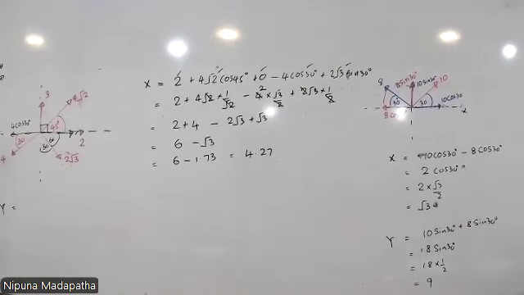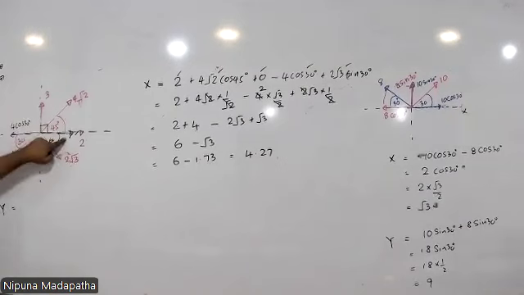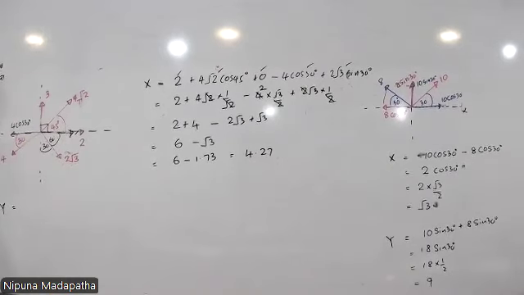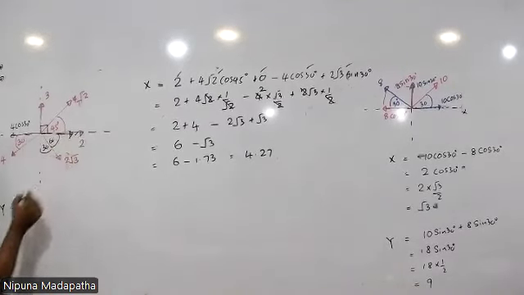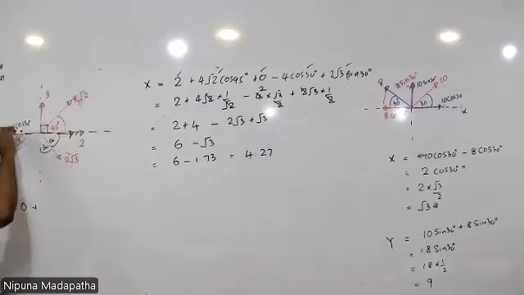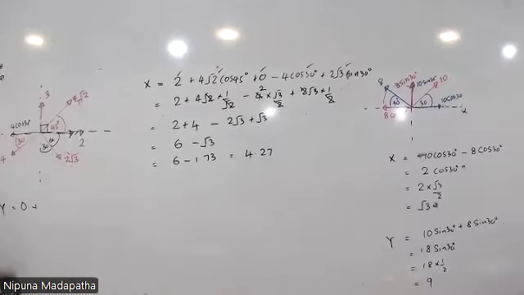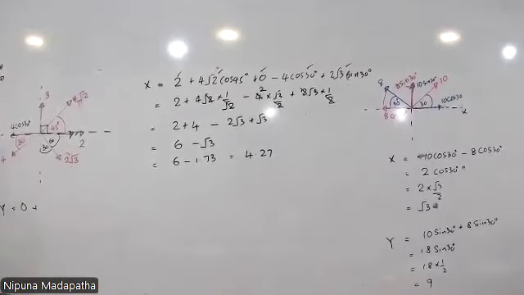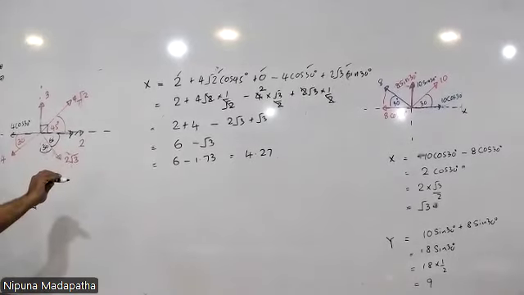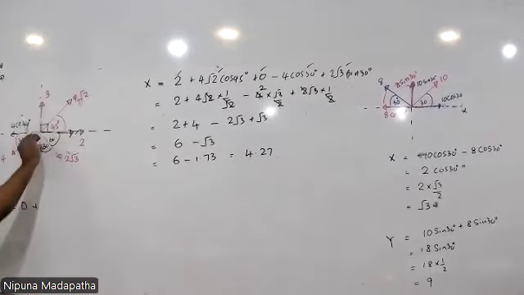If theta is 0, the vector is along the horizontal direction, and 2 sine 0 is 0. So the y component of this horizontal vector is 0. The full vector is in the horizontal direction, so therefore there is no y component.